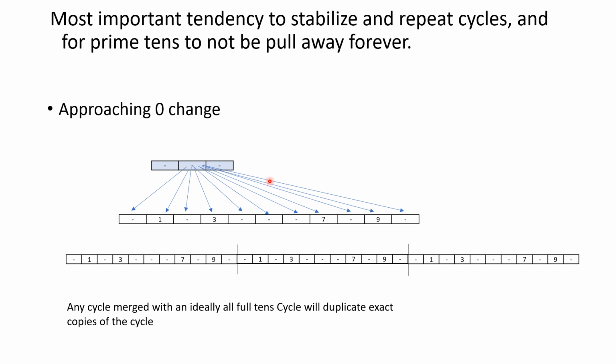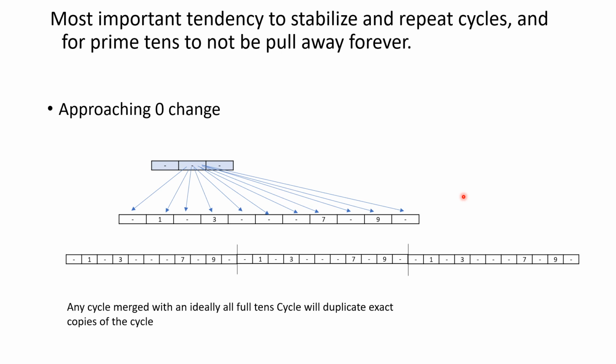So there is a tendency to convergence, some kind of convergence. Each empty box is going to combine with each box of the main cycle, the cycle that has already merged all the prior prime numbers.